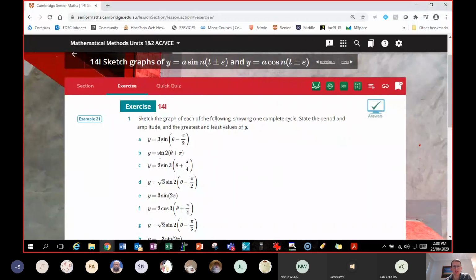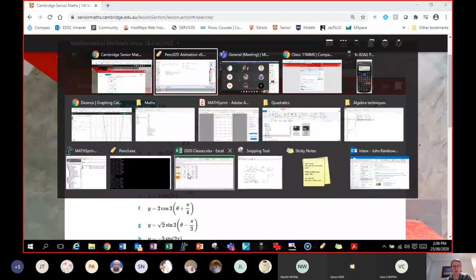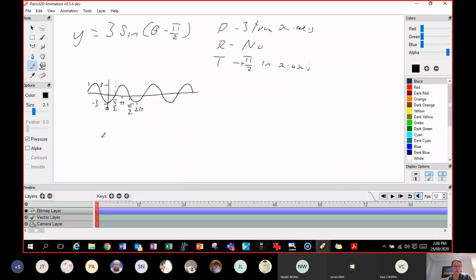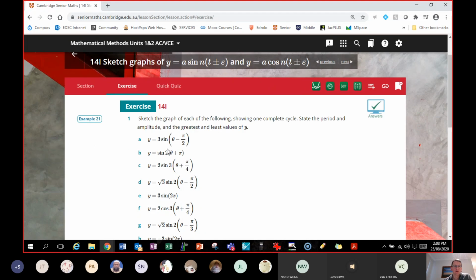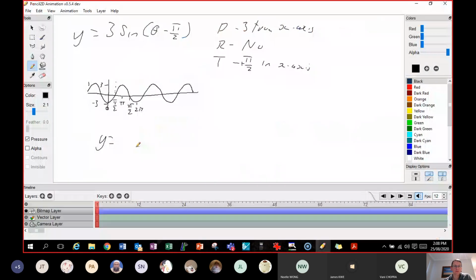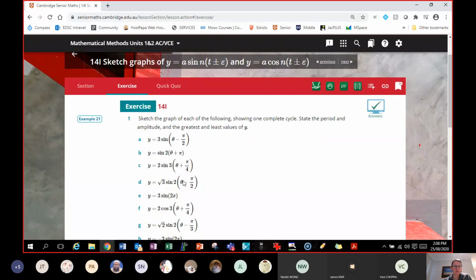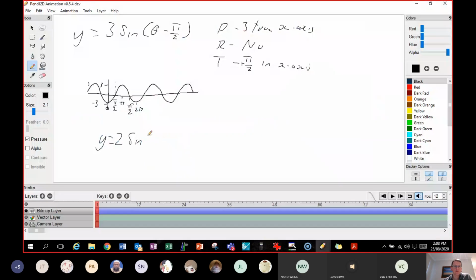Thinking about dilation, reflection, and transformation. So if we've got 2 sine 3 theta plus pi on 4, that was 3, wasn't it?